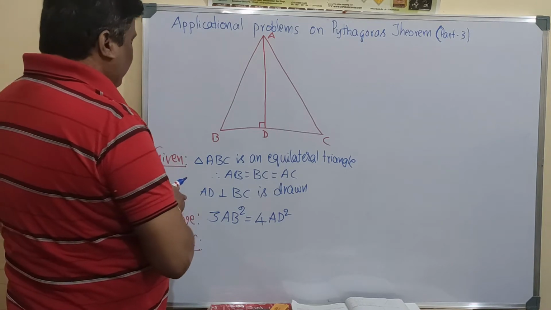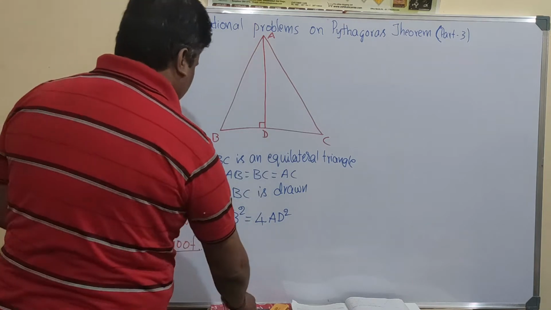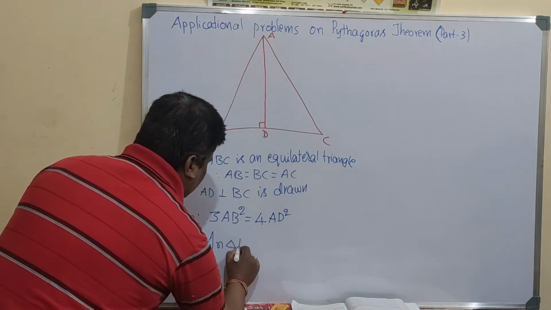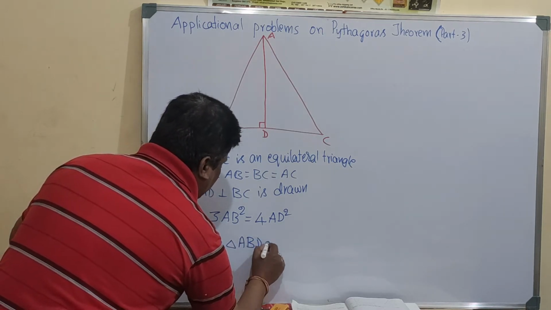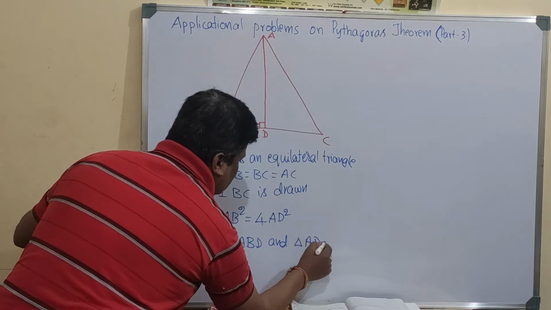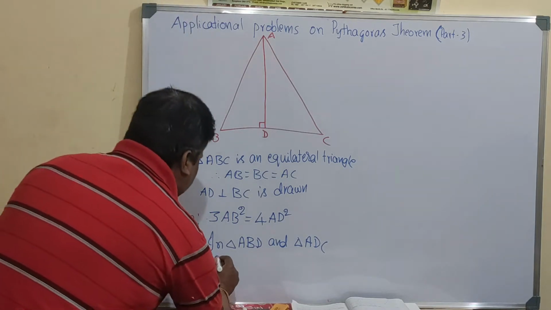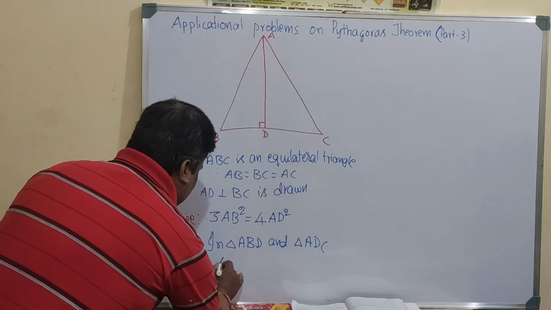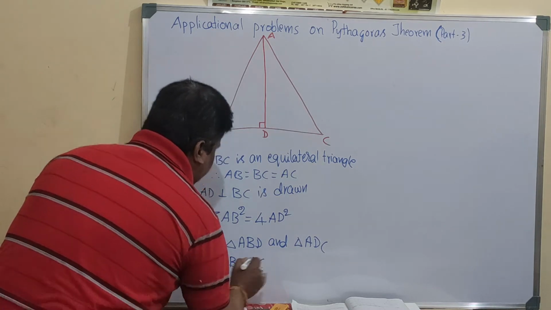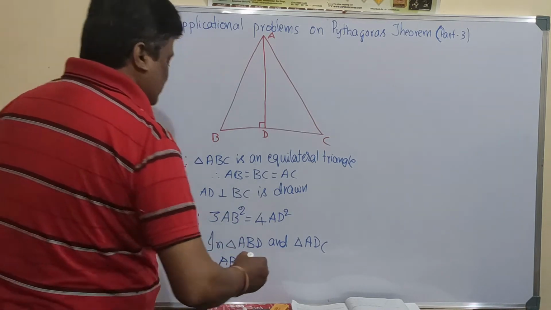Here we want to compare triangle ABD and triangle ADC. In triangle ABD and triangle ADC, the first thing is AB is equal to AC, because it is an equilateral triangle.